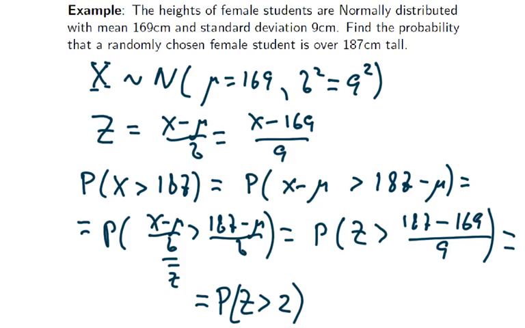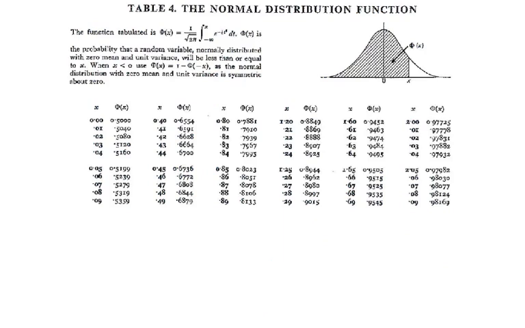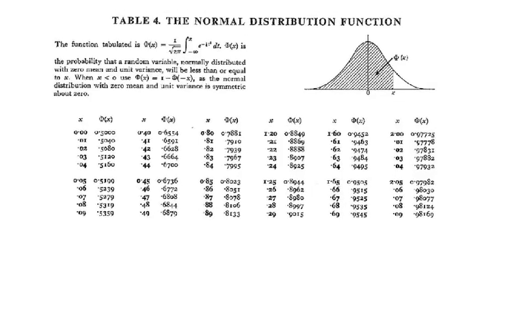To find this probability, we will need to use the so-called normal table. A piece of this normal table is shown on the next slide. It's just a small fraction of it. What we have here, this curve, is the probability density function for random variable Z which has standard normal distribution.